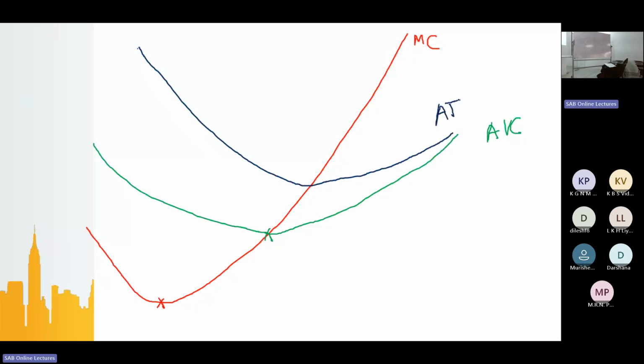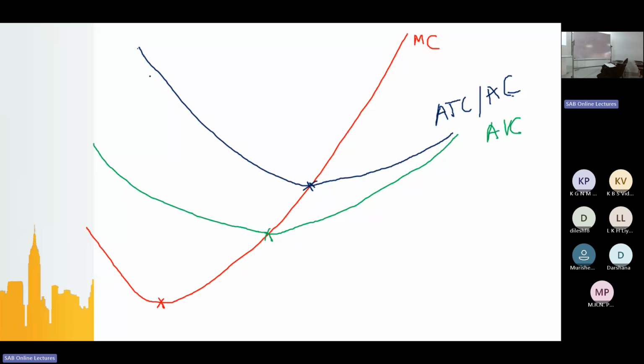Average total cost, we can also simply call it average cost. It also takes a U shape, and this is the minimum point of average total cost. Marginal cost also goes through the minimum point of average total cost.